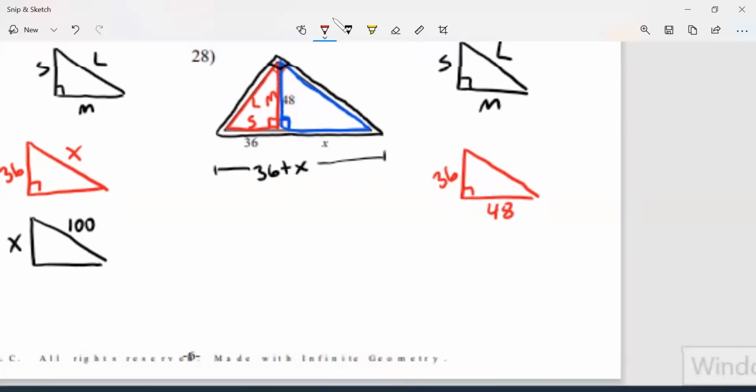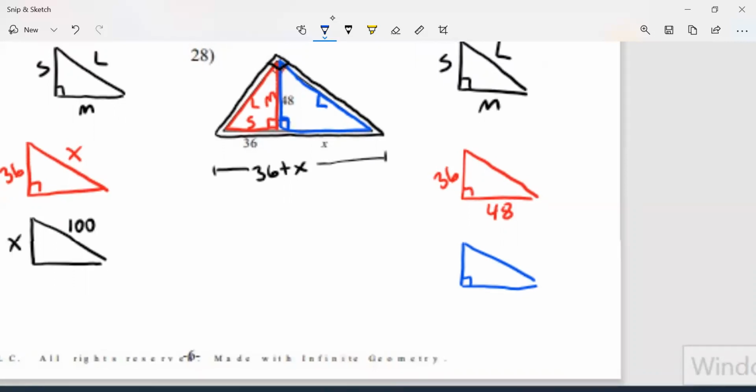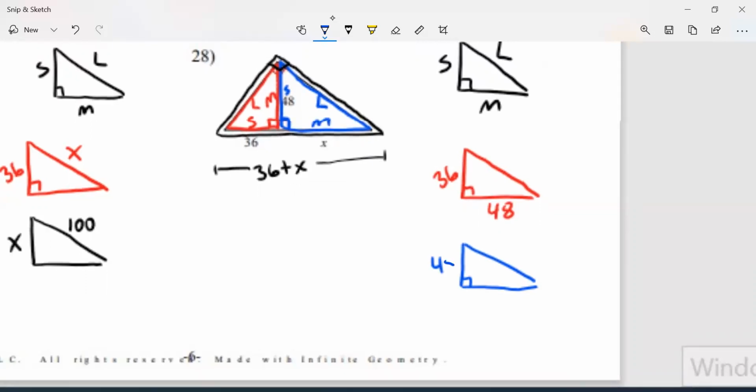Another triangle I'm going to use is the blue triangle because I know two measurements of it. It is fine for one of my measurements to be x. I'm going to say the large side is here. I have no idea what the large side is, but 48 will be my small side and x will be my medium side. So I'm going to put 48 here and x here.